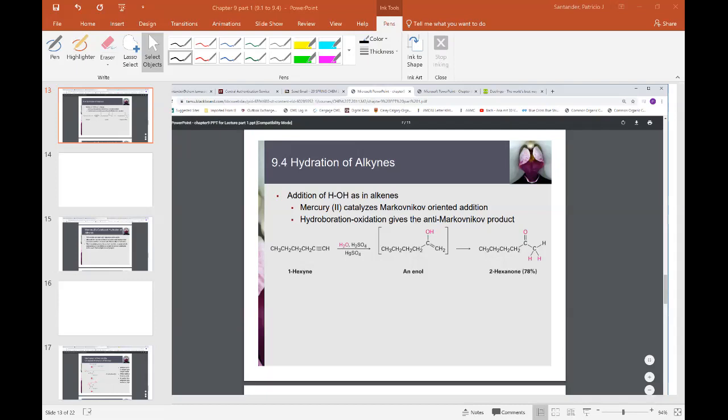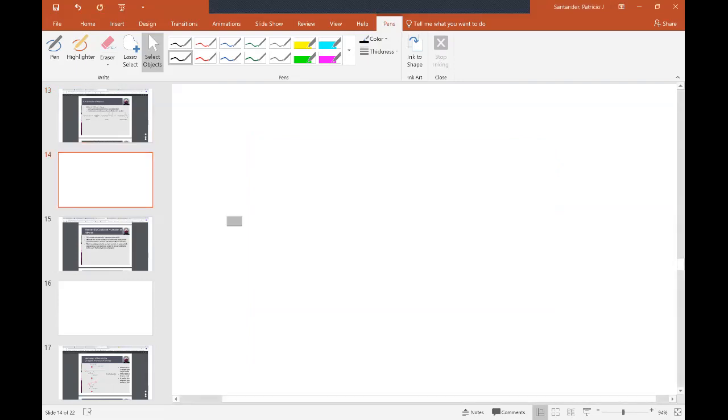So here we go. Let's say that you have an alkyne that looks like this. So this is 1, 2, 3, 4, 5. So this is 1-pentyne.